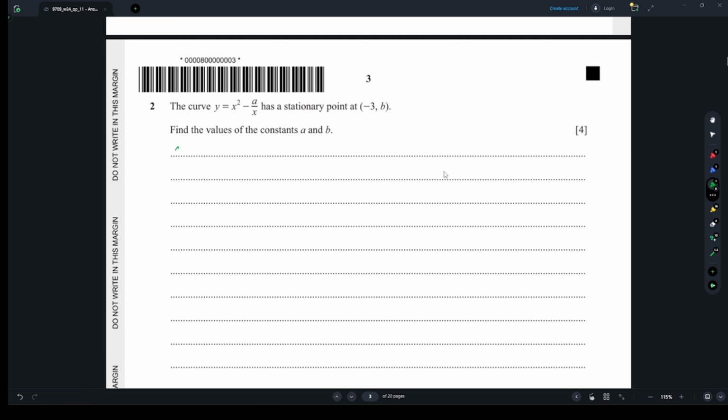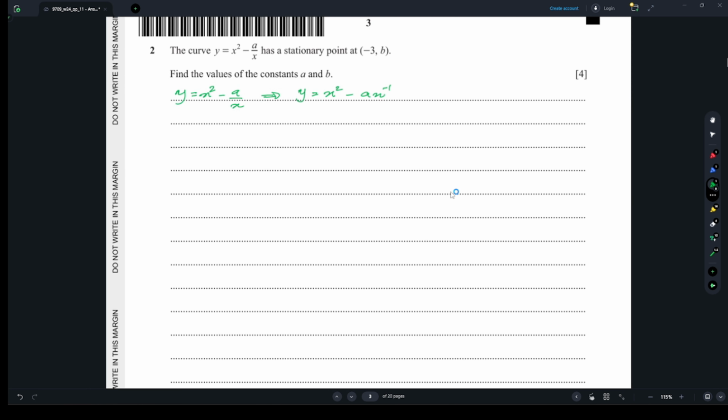So what I'm going to do here, but before that I'm going to do a simple modification because here we have a over x. So I'm going to take that one to the numerator: minus a x to the power minus 1. Okay, so now you can differentiate with respect to x.